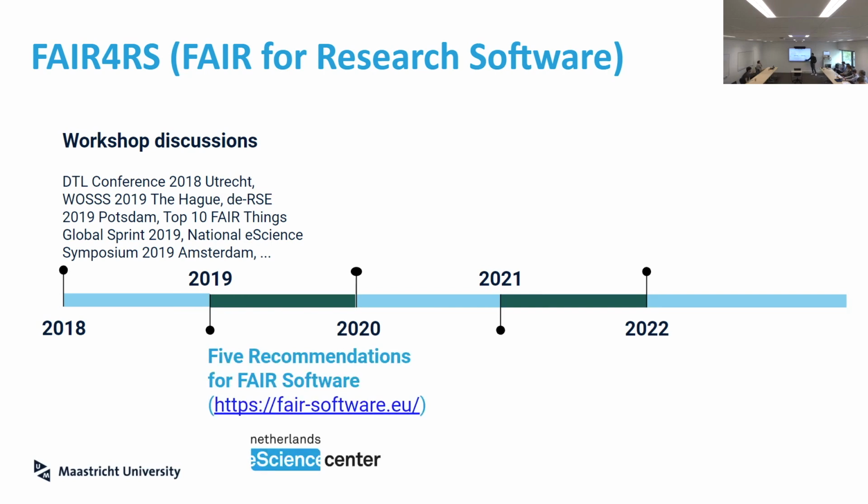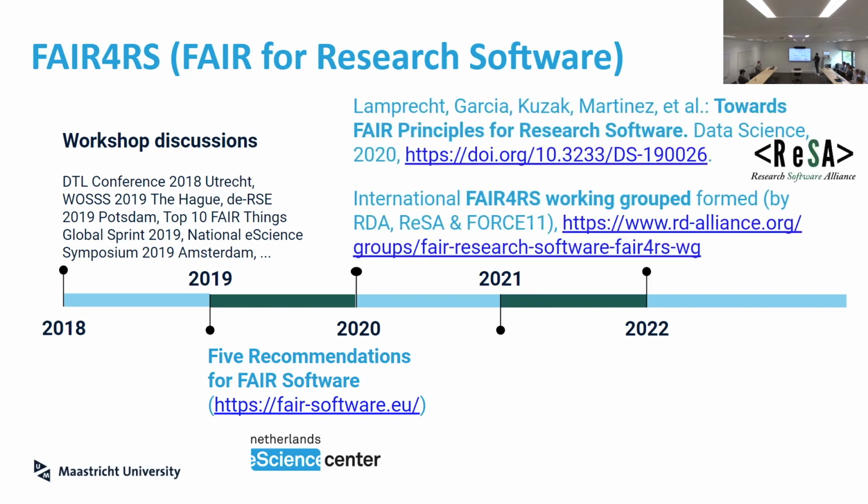The Netherlands eScience Center is one of the most important hubs for research software. They have already done a lot of work on how to deal with software management. Therefore, they launched the five recommendations for FAIR software, which was a very initial stepping stone. Those people got together in these workshop discussions, and then they came up with a seminal paper, Towards FAIR Principles for Research Software.